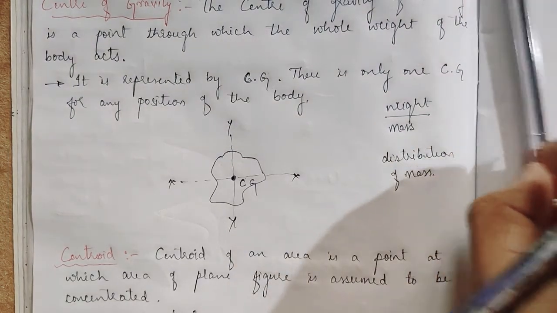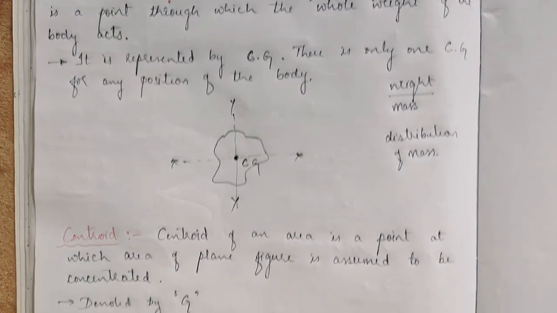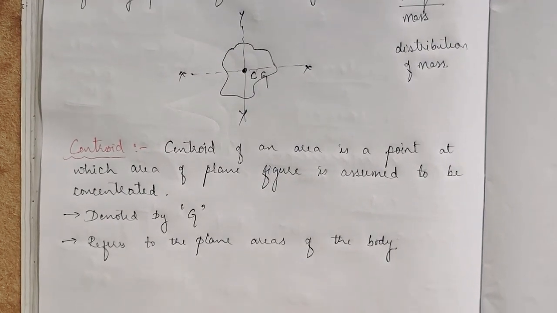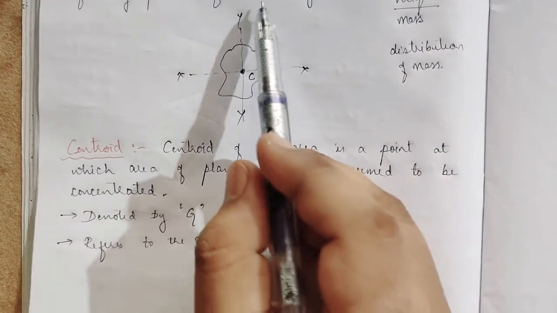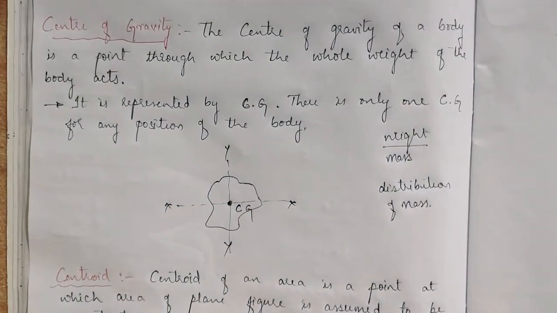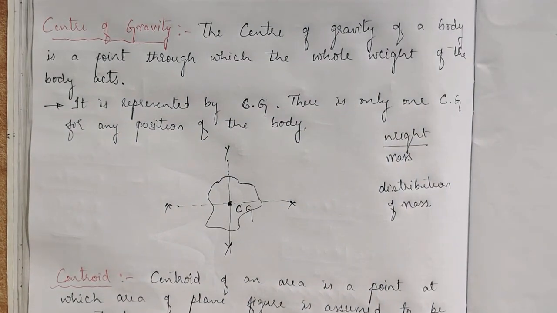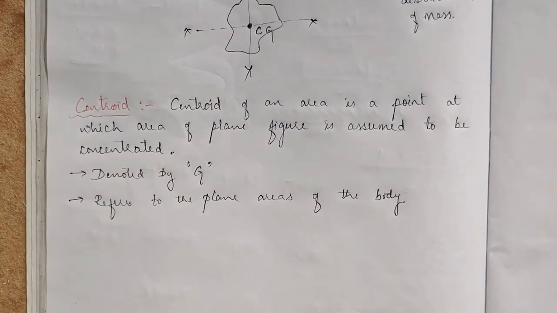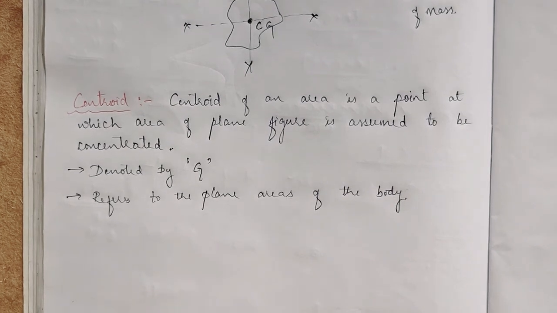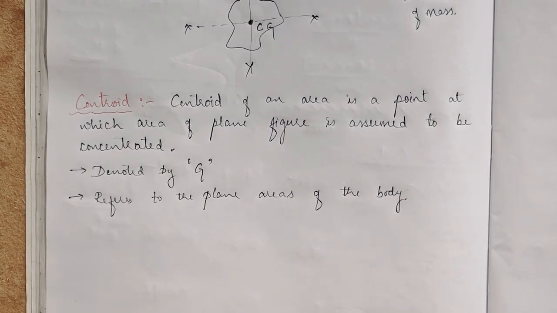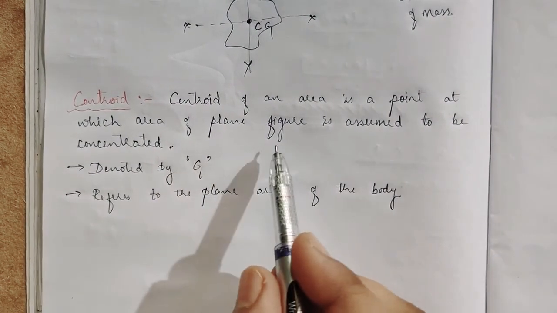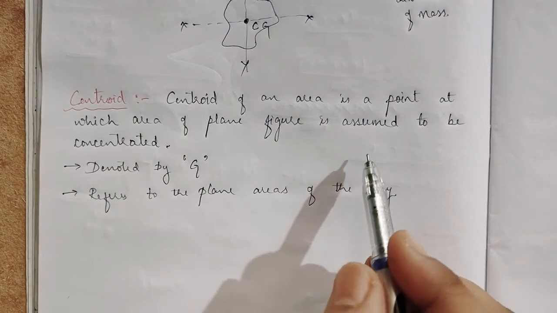The centroid of an area is a point at which the area of the plane figure is assumed to be concentrated, whereas in center of gravity we define with respect to the body. When we come to the centroid, plane figures like rectangle, square or triangle come into the picture.